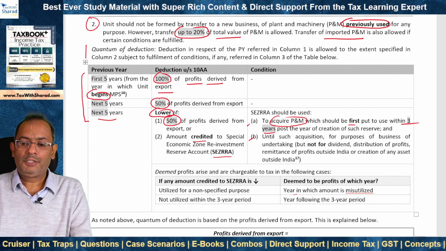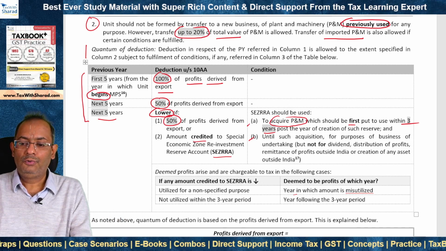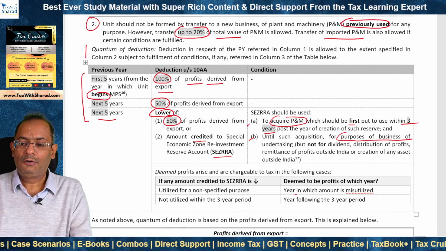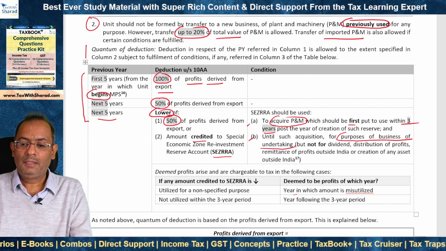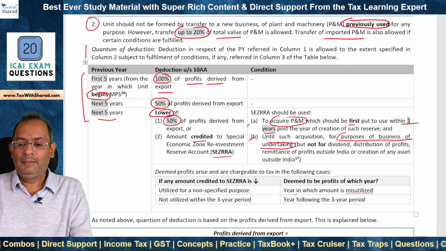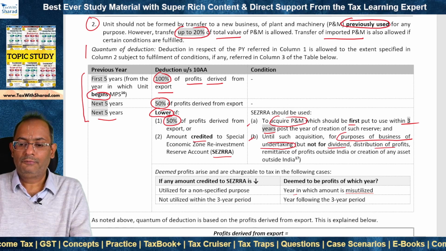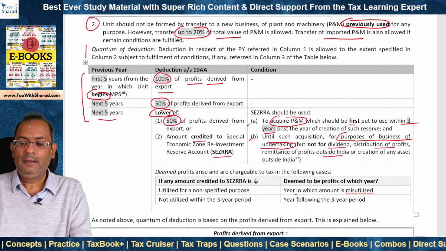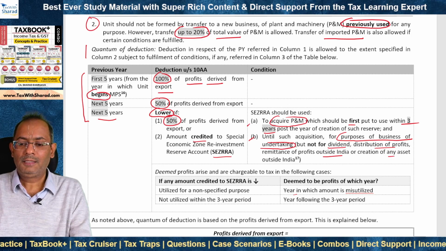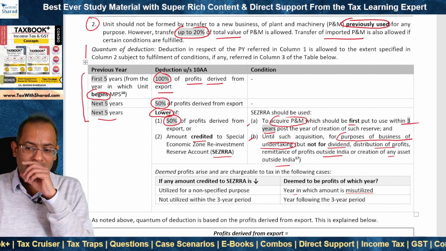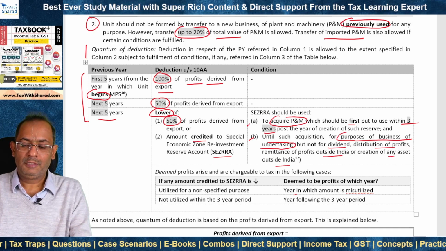And until such acquisition, the amount so credited can be used only for the purposes of the business of the SEZ undertaking. Therefore it cannot be used, say, for payment of dividend, for distributing profits, for remitting the profits outside India, or for acquiring any asset outside India. It should be used only for the purposes of the business of the undertaking.